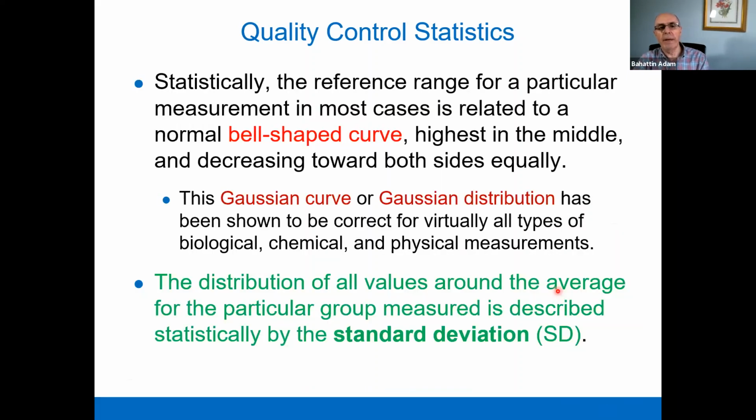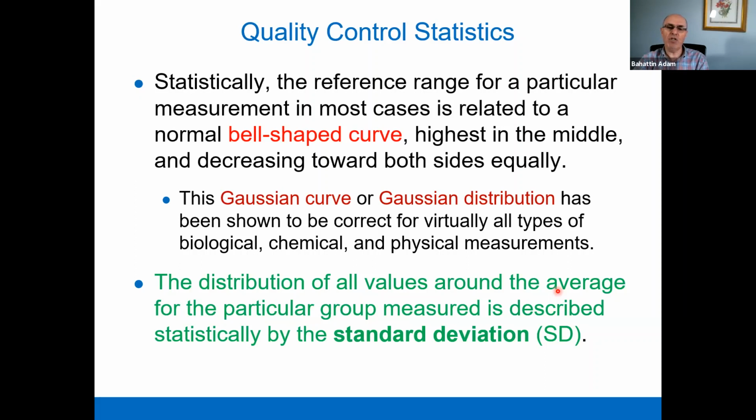Now, we know that statistically, the reference range of a particular measurement in most cases shows a bell-shaped curve. This Gaussian curve or Gaussian distribution has been shown to be correct for virtually all types of biological, chemical, and physical measurements.